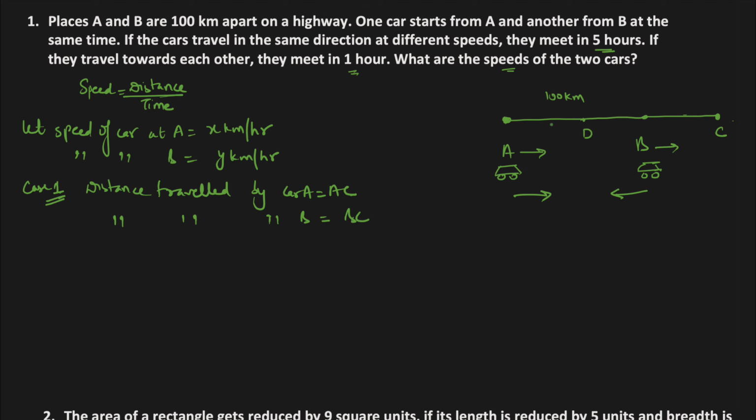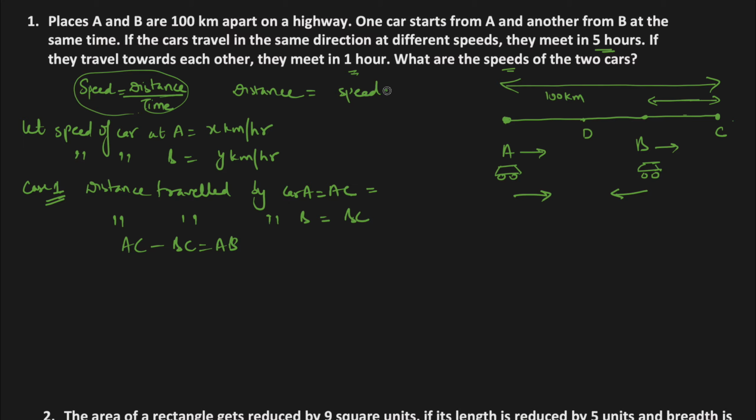Now can you tell from here that AC minus BC is how much? It's AB. So I can say AC minus BC is AB. AC is the distance traveled by car A, and distance is speed into time.